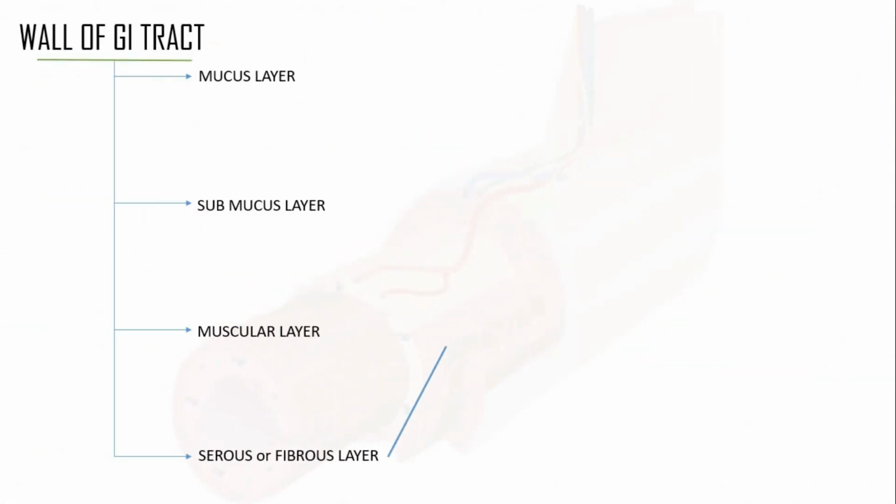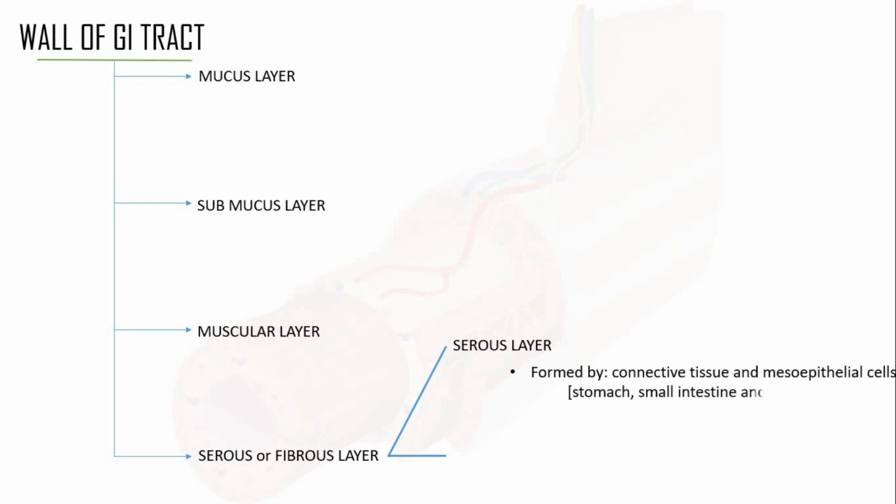The outermost layer of the gastrointestinal tract is either serous or fibrous in nature. Serous membrane is formed of connective tissues and mesoepithelial cells. It covers the stomach, small intestine and the large intestine. While the fibrous layer, also called fibrosa, is formed of connective tissues only. It covers the pharynx and esophagus.